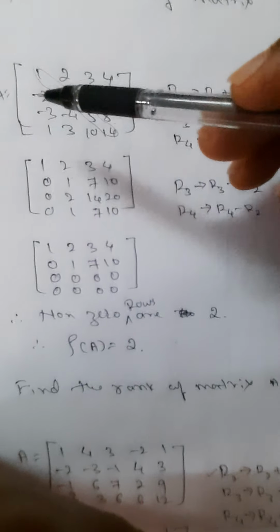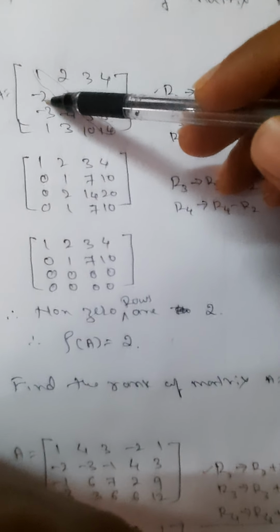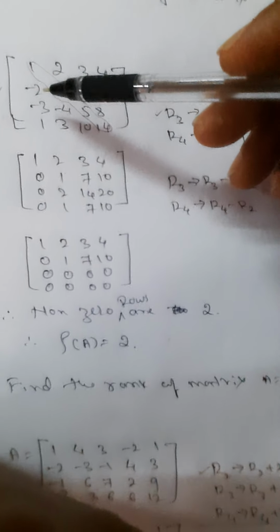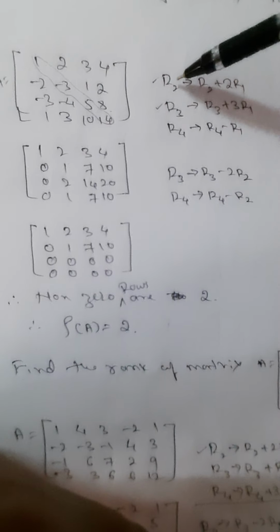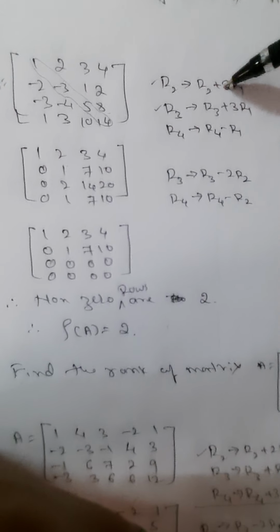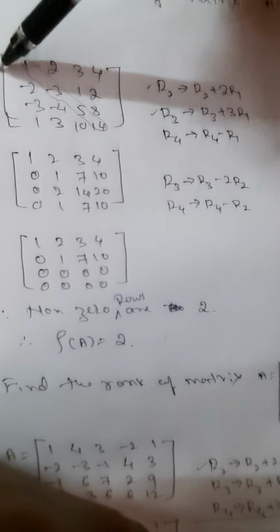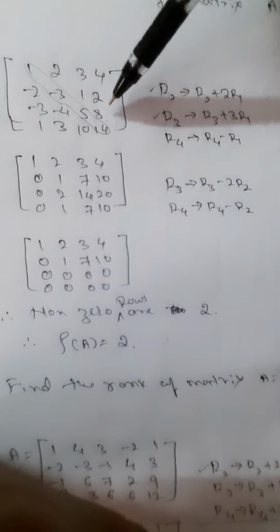Now to make this minus 2 to 0, this minus 2 is in R2, so we are using the operation R2 plus 2R1. The same transformation we apply to each and every element in the second row.